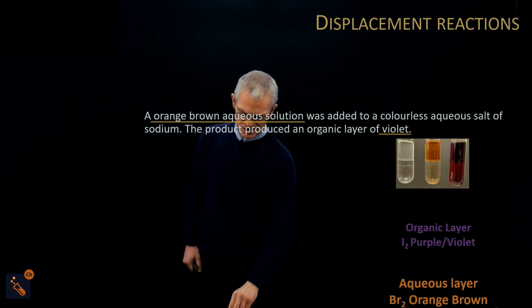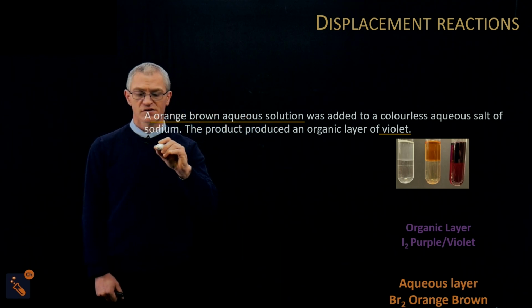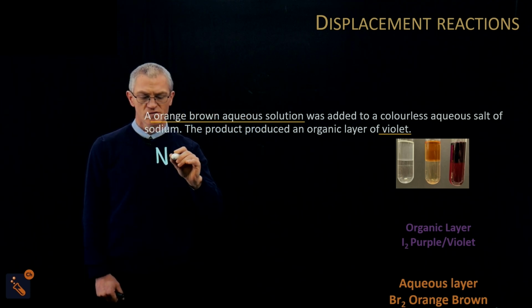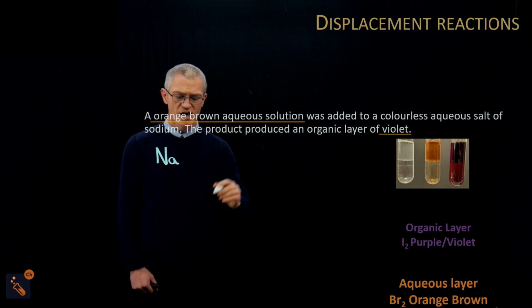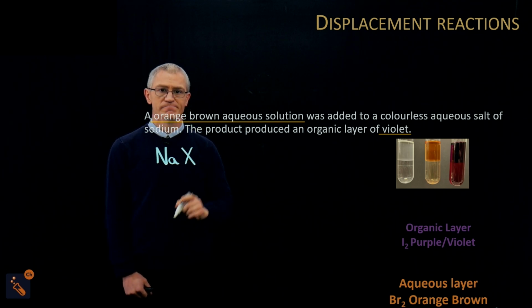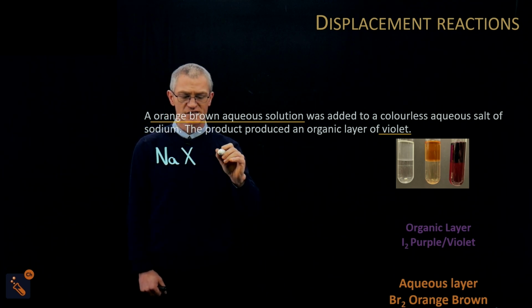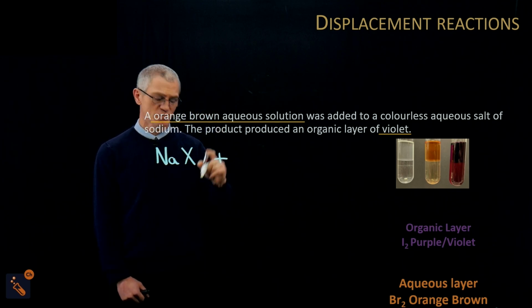Okay, so we have a sodium salt. We don't know what that sodium salt is, and we know that it, for example, is NaX. We then add that sodium salt to an orange-brown solution.